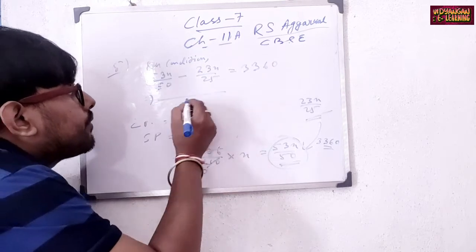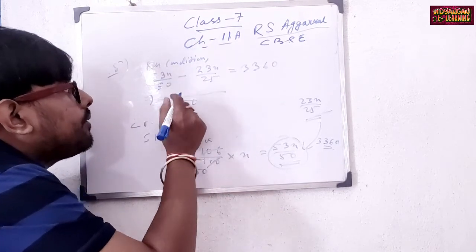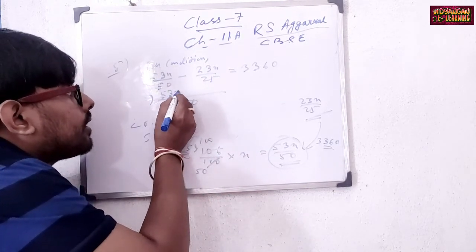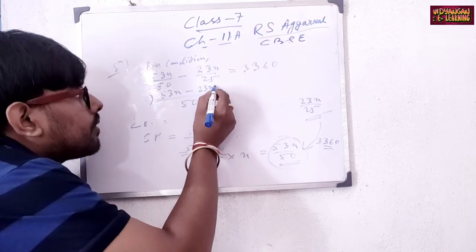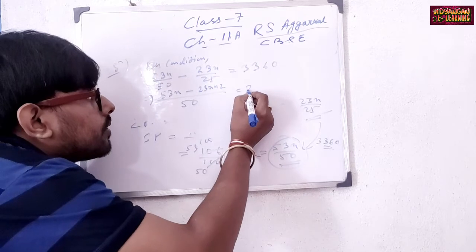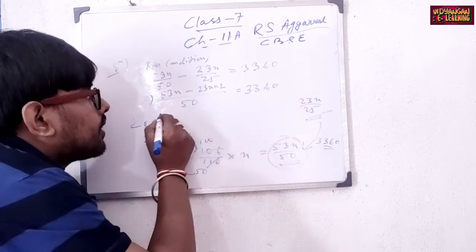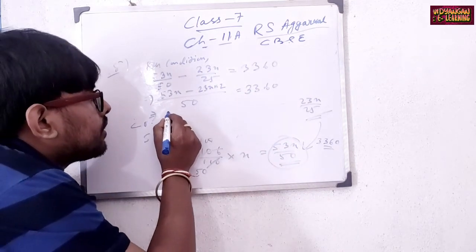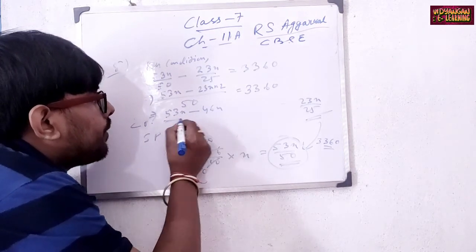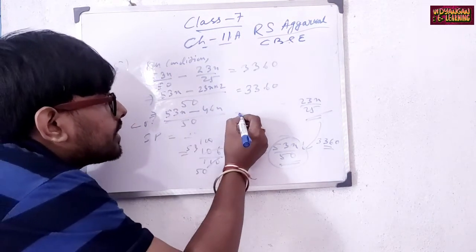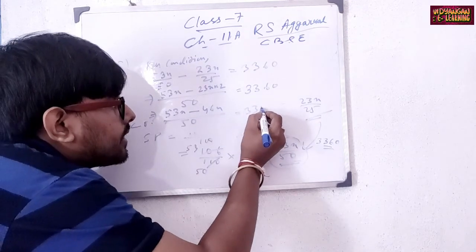We take 50 as the LCM, and you will get 53x minus 46x by 50 is equal to 3360.